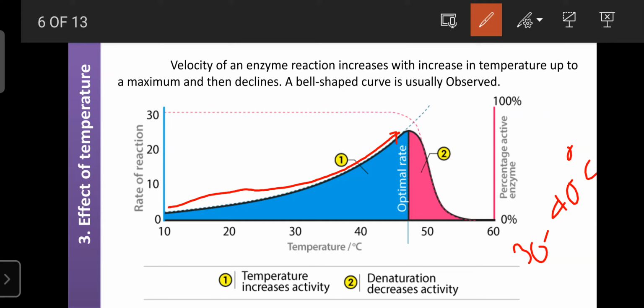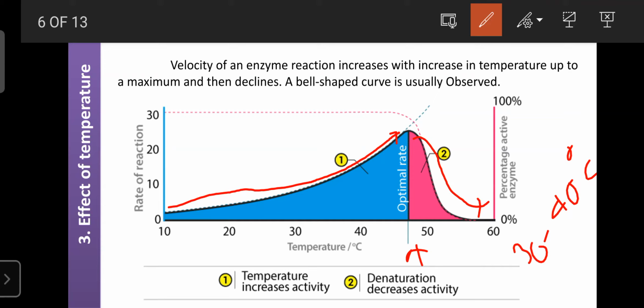After that, with increased temperature, the rate of reaction decreases because of denaturation of the enzyme. After crossing 50 degrees centigrade, the enzyme activity decreases due to denaturation of the active sites, because the active sites on the enzymes are made of amino acids.